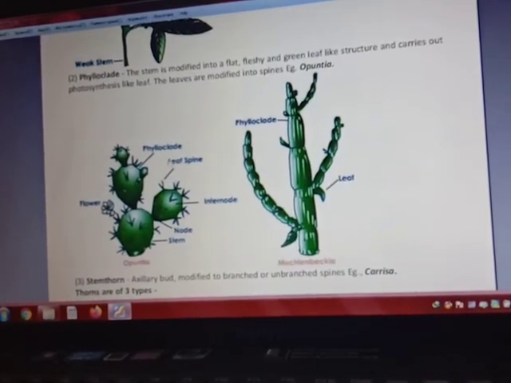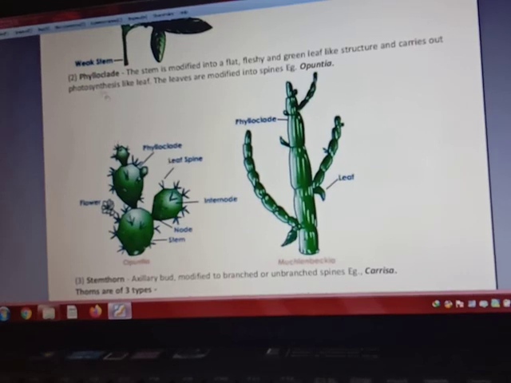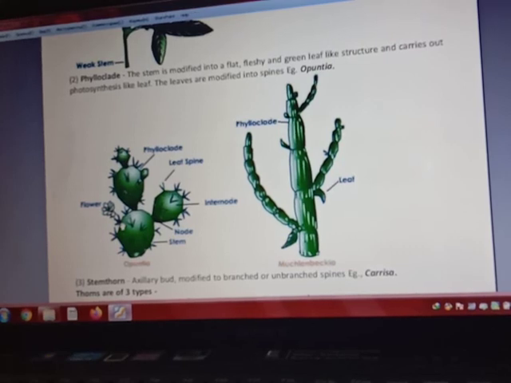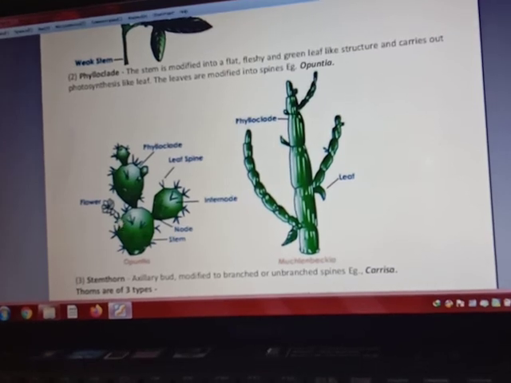Yes, students, one term is not written there. That term is a cladode. It is a phylloclade, and one more term is a cladode. Cladode is also a stem modification into a leaf-like structure. Only the difference is that in phylloclade the whole stem is modified into leaves. But in case of cladode, a small stem is present, and on the stem small branches are also present, and only a small part of the branches and stem is modified into a leaf.